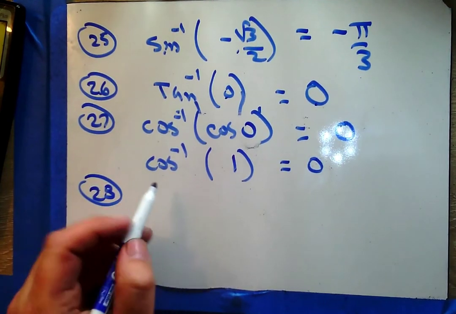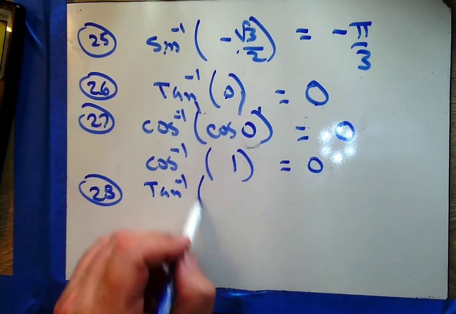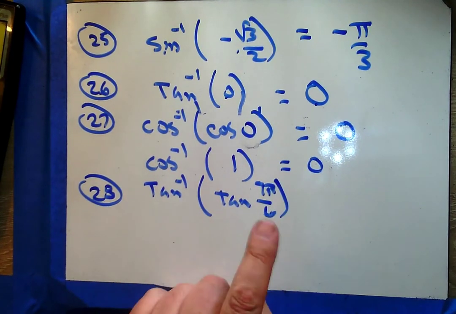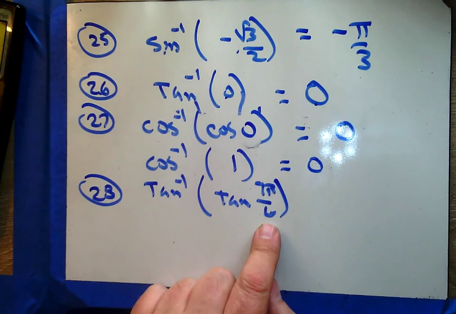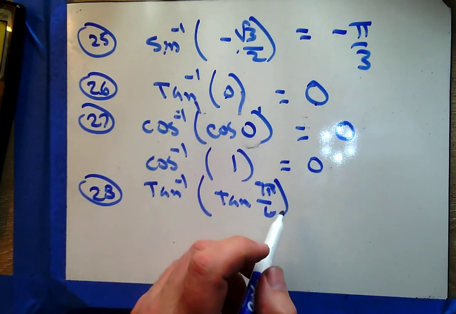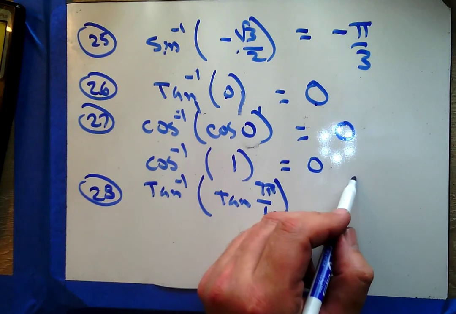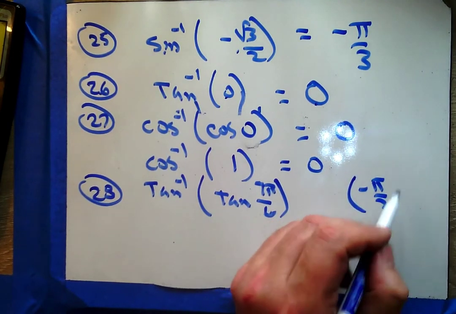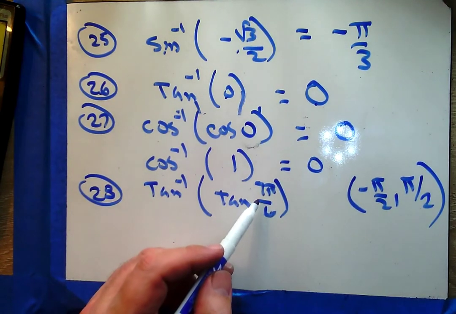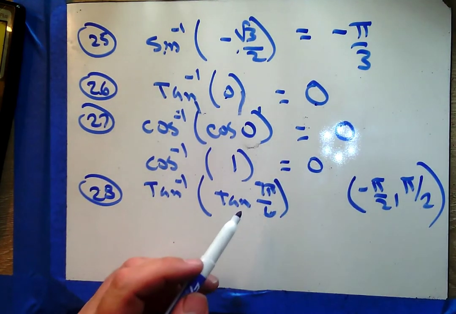28. Tangent inverse tangent 7 pi over 6. Well, this angle is outside of the restriction for inverse tangent. Remember, our inverse tangent is all about negative pi over 2 to pi over 2. That's bigger, much bigger. That's in third quadrant.